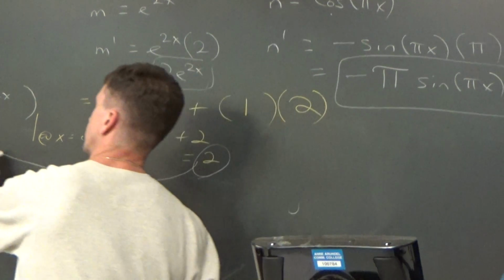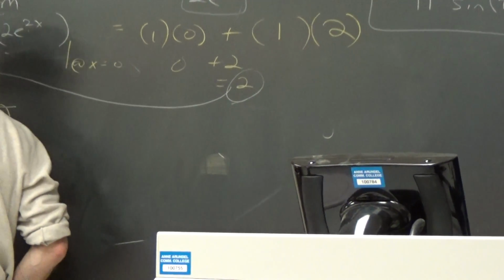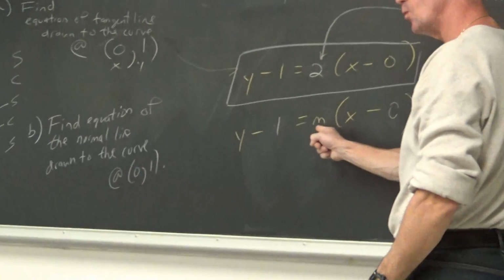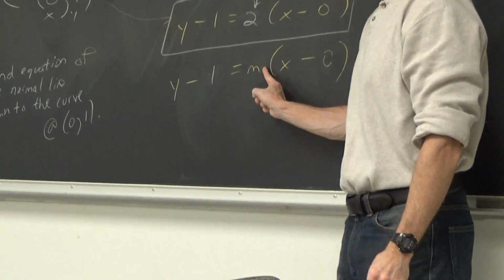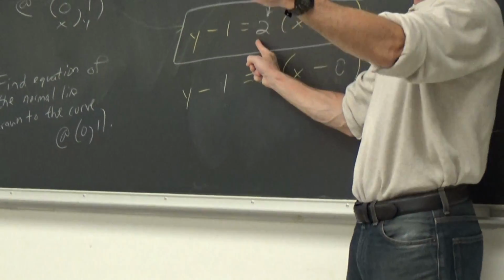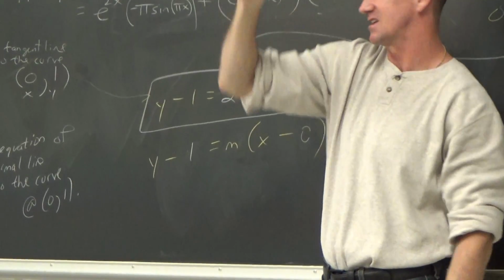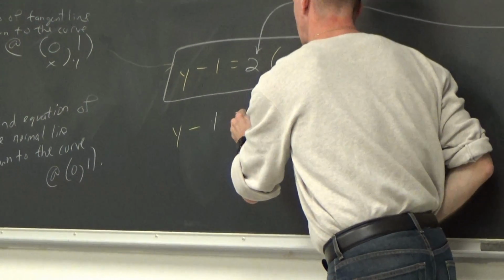This problem is done. You may want to pretty that up though. Do you remember what I do with the normal line? All I do is, here it is, 2, I gotta flip it and change sign. What's the 2 flipped over with a different sign? Negative half. There you go.